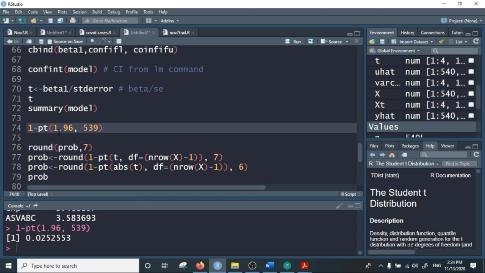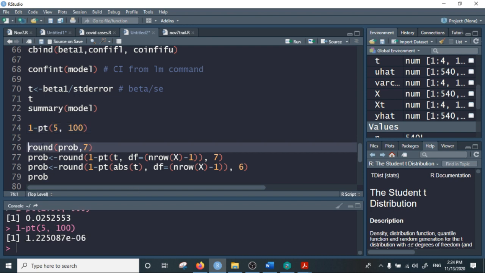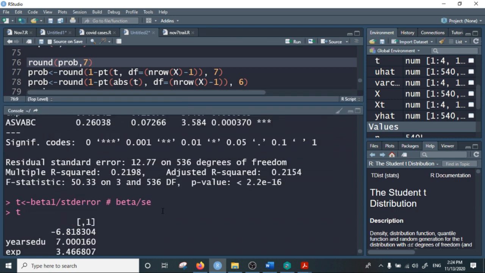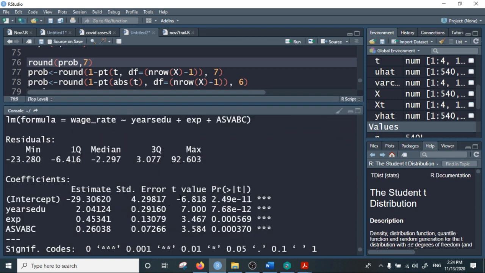If we want to find the probability with the t value 5 and the degree of freedom, for instance, a little bit lower, 100, the probability associated with this number is very small. In our case, let me try a t ratio of 7.000.